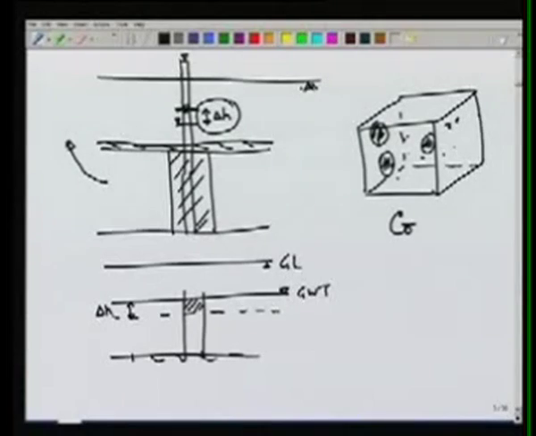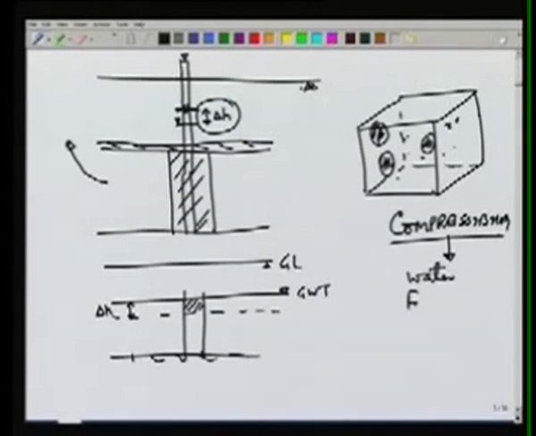Therefore, the water which comes out is because of the compressibility. And when we talk about compressibility, it would be compressibility of water as well as the compressibility of the medium. So we can call that aquifer or formation compressibility.